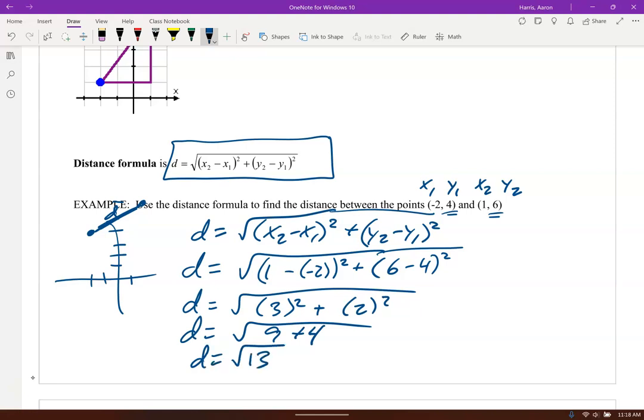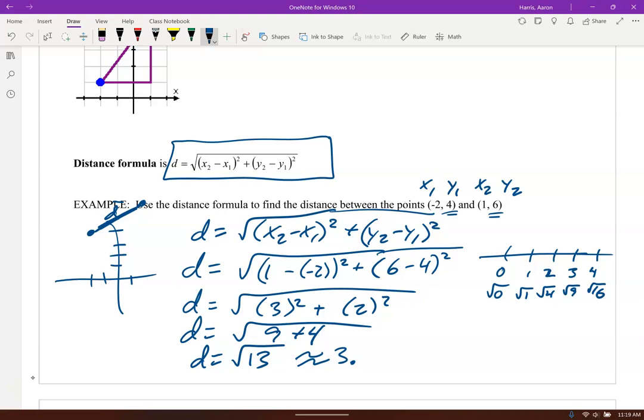Well, the square root of 0 is 0, of 1 is 1, of 4 is 2, of 9 is 3, and of 16 is 4. So this is 3 point something, a little bit closer to 4.